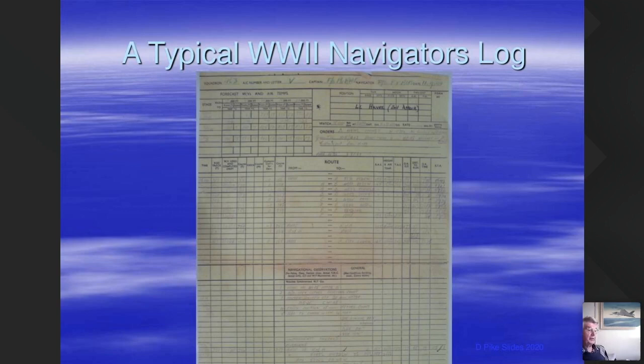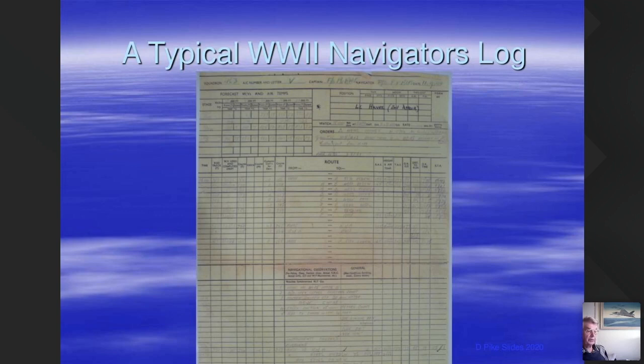On the left-hand side, you've got details like the track required and the heading necessary to get that track. On the right-hand side, you've got the airspeed, the ground speed, the distances, and the estimated time of arrival. In the middle is the actual route. If we go down another stage towards the bottom, we've got what actually happens just before or during the flight.